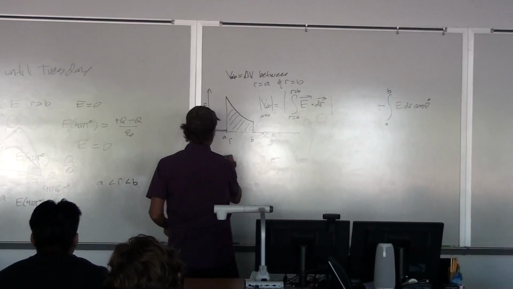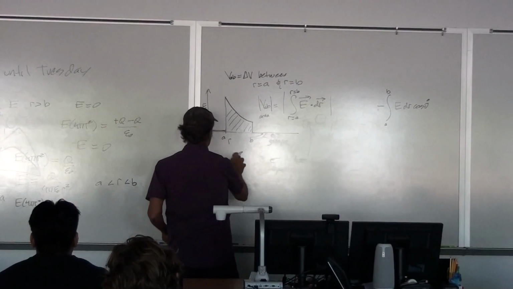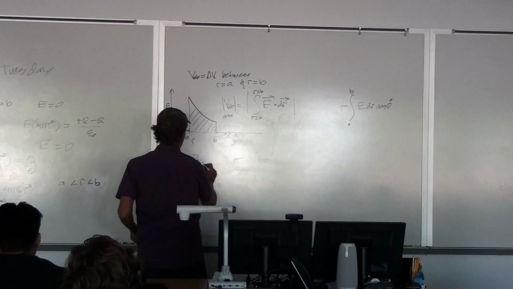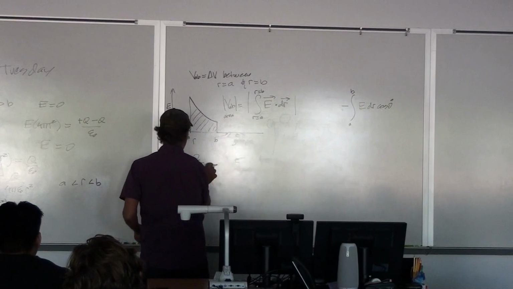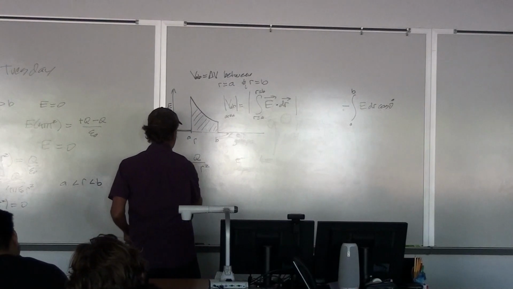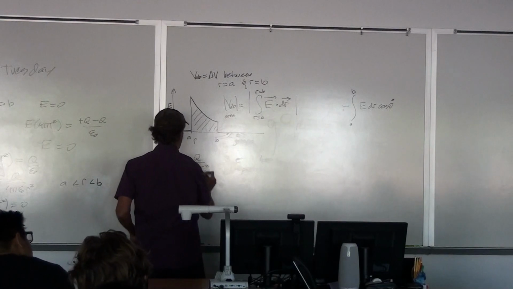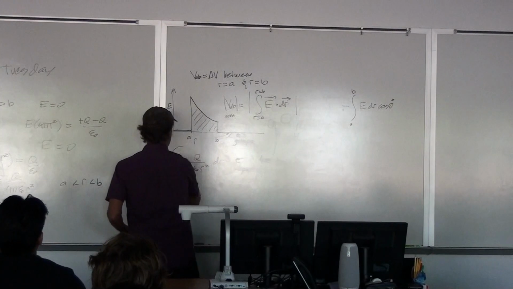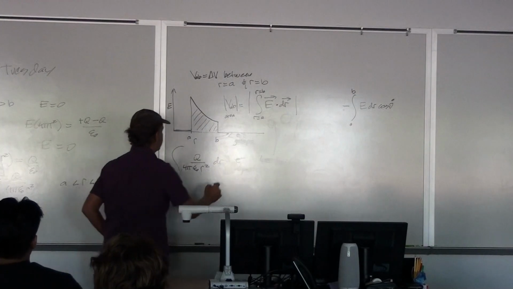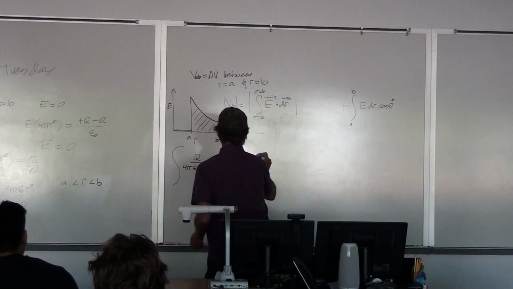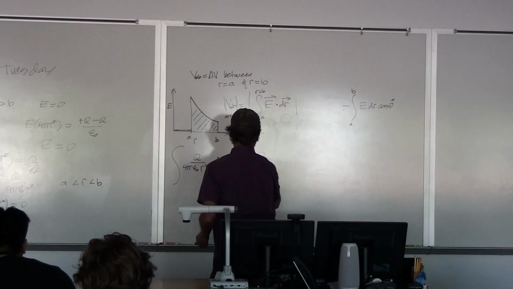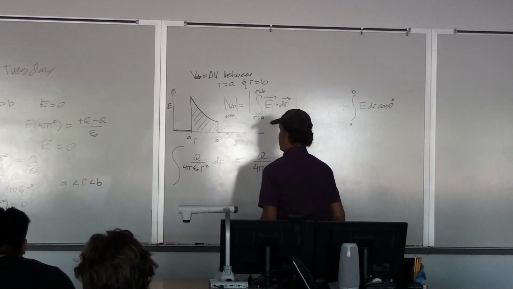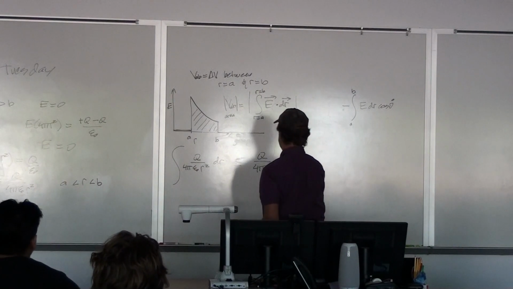Okay, and so E then is going to be Q over 4 pi epsilon naught r squared. And then we're going to integrate that over dr. And so what that will give us is Q over 4 pi epsilon naught times r to the minus 1 divided by minus 1.